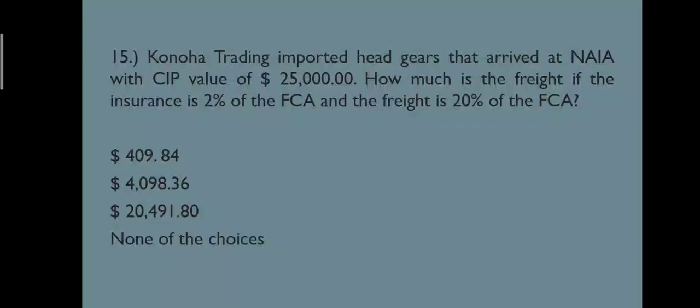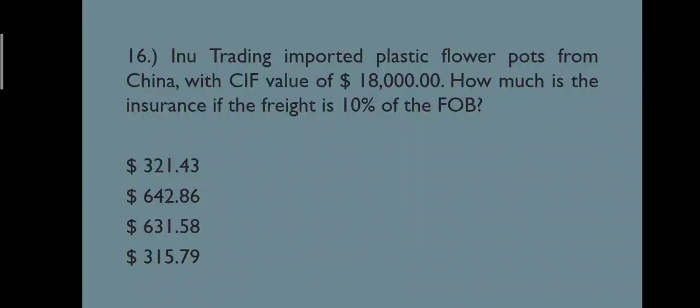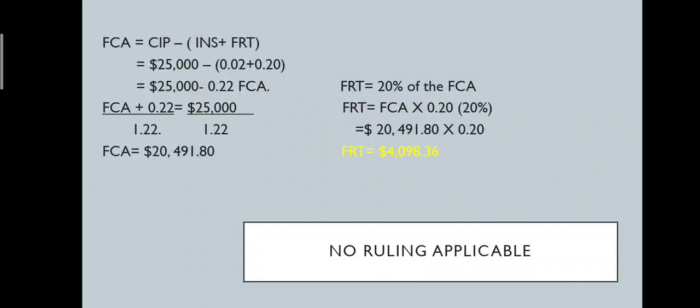So ang giingon sa problem kay in order to get the freight, 20% daw sa FCA. So 20% of the FCA. So FCA multiplied by 0.20. Ang FCA nato $20,491.80. I-times na to siya sa 0.20.